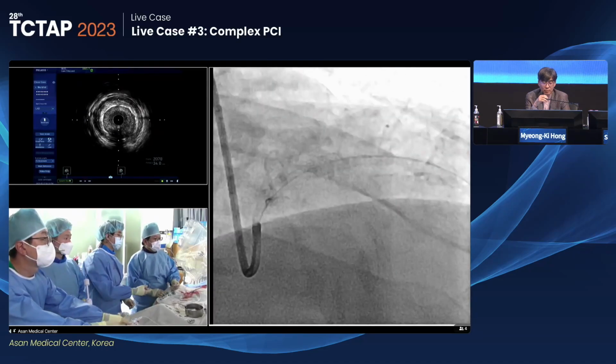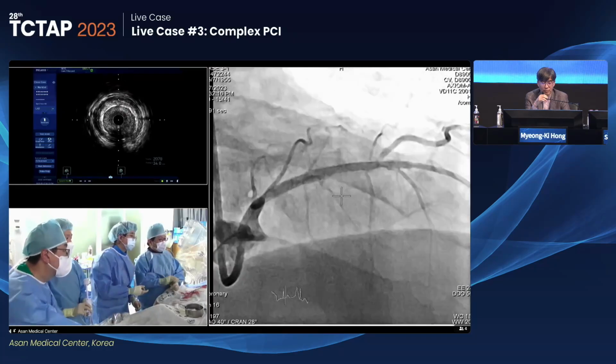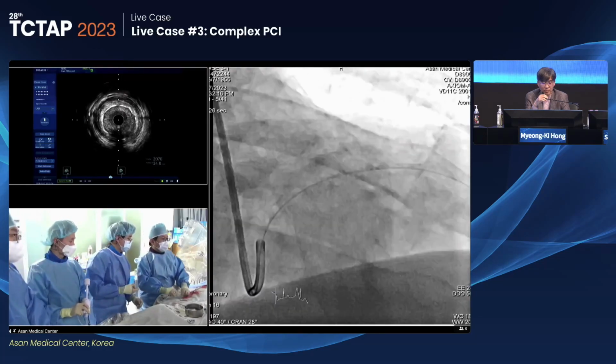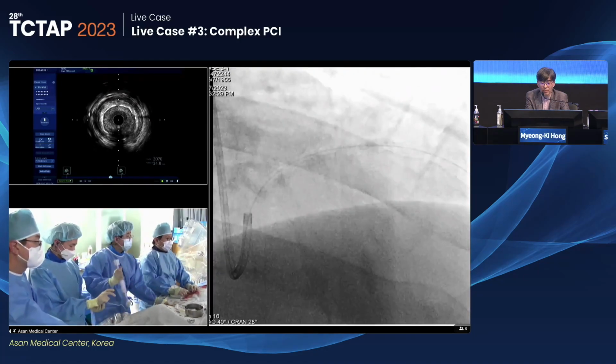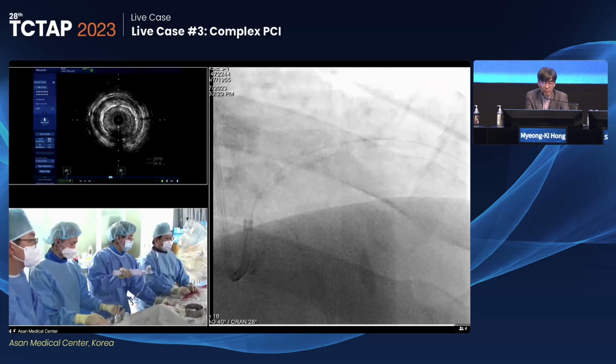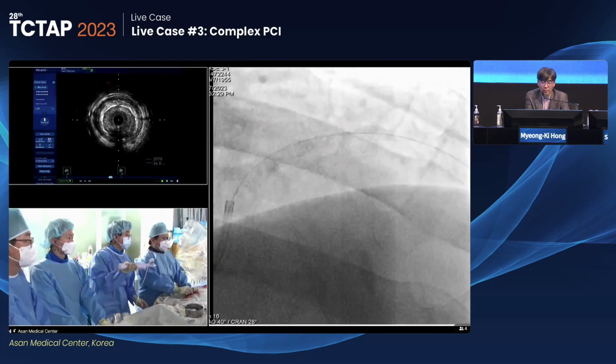So I used the 4.0 high pressure balloon. The proximal stent is dilated further than the mid portion of the stent, so the mid portion looks smaller than the proximal portion, looks tight, looks stenotic.